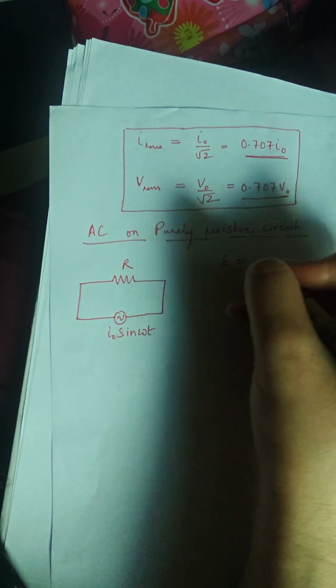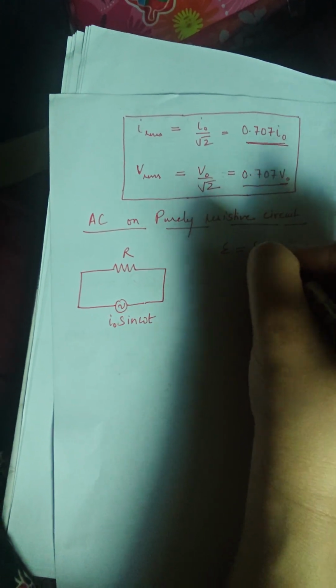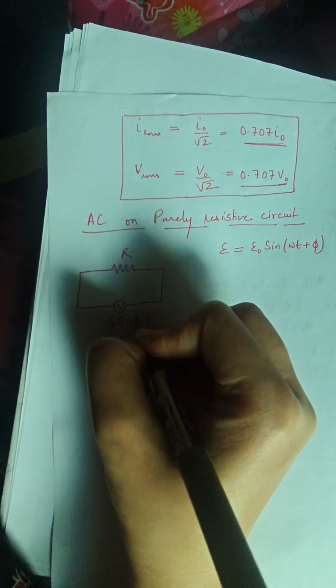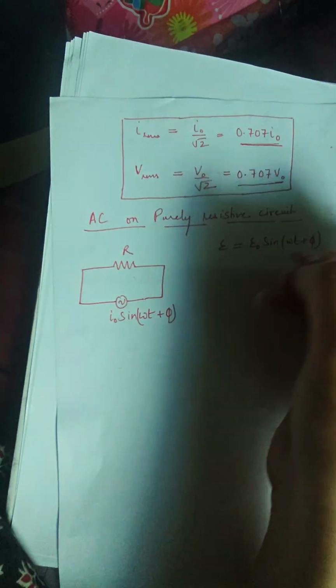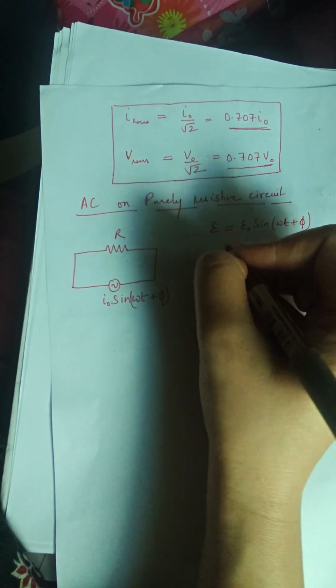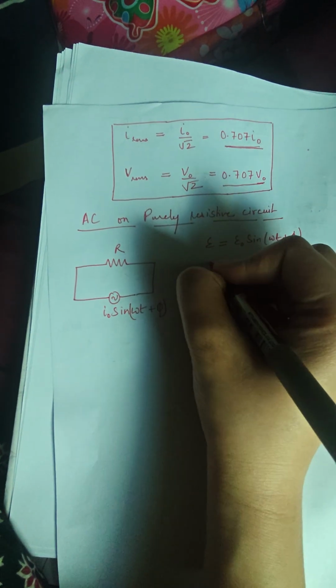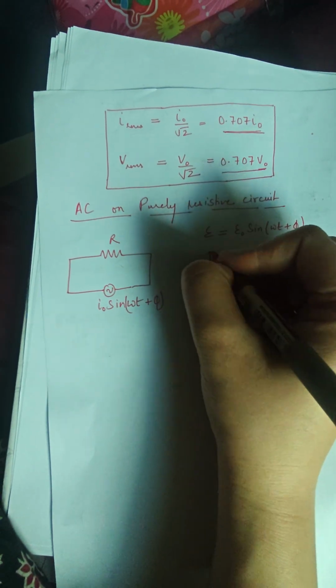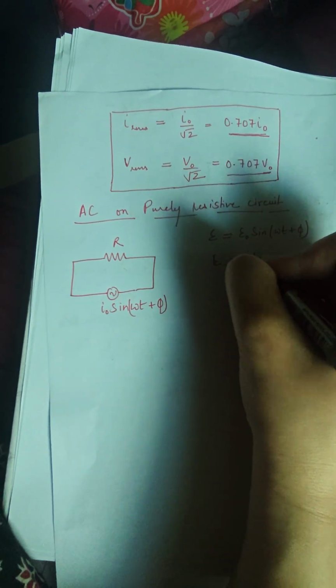I know that E is equal to E naught sine omega t, and let's add phi also so that it becomes more generalized. Now, E is equal to IR.